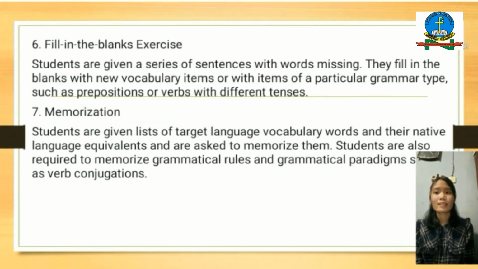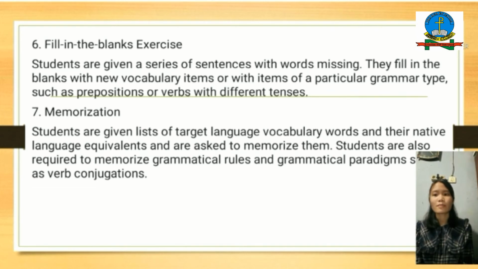Number 6 is fill-in-the-blank exercises. Students are given a series of sentences with words missing. They fill in the blanks with new vocabulary items or with items of a particular grammar type, such as prepositions or verbs with different tenses.